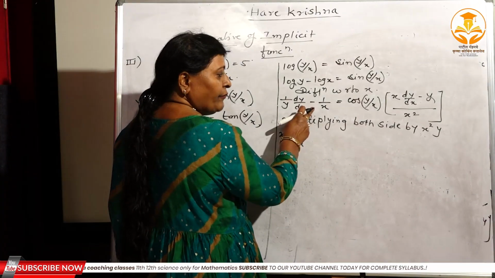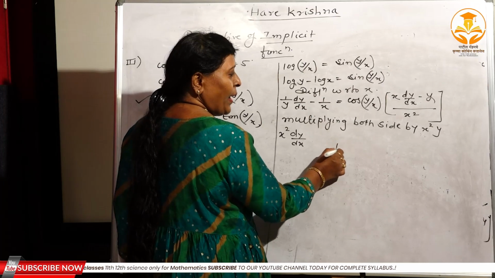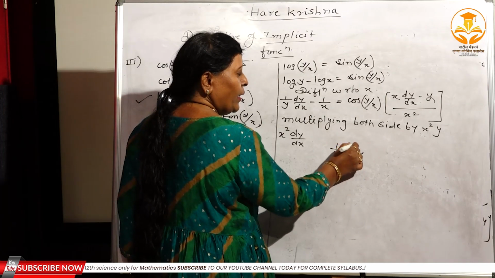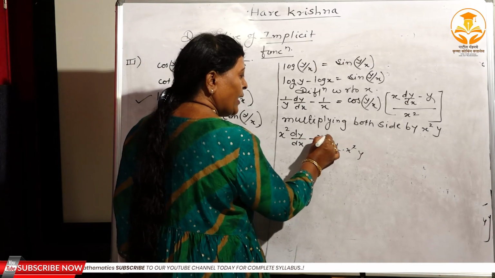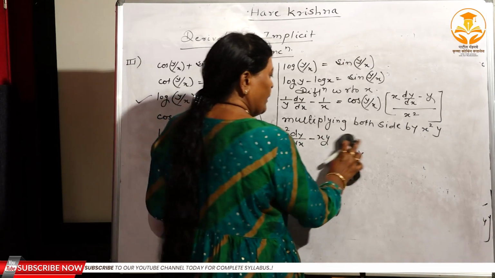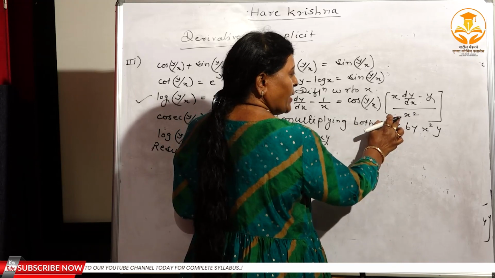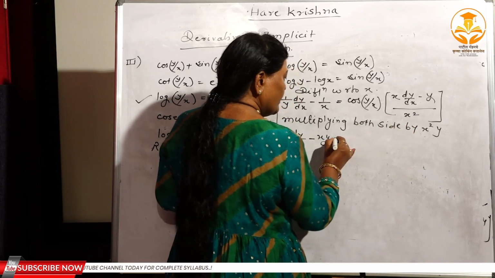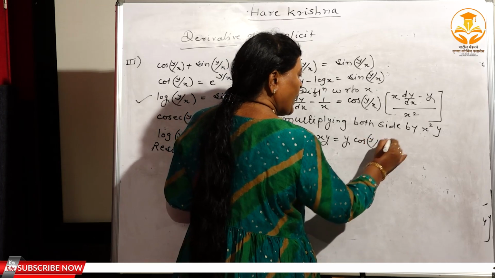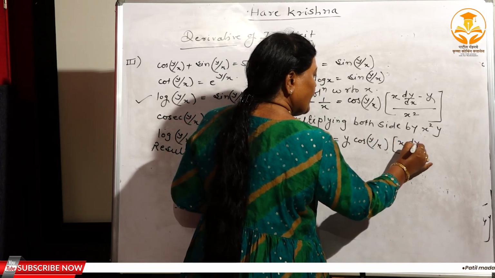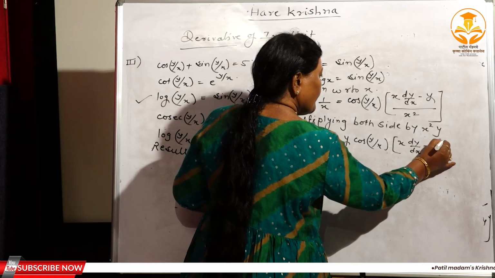Right? Now, when you multiply here, that is 1 by x into x square y, again x gets cancelled. What remains? x, and that is by xy. Right? Here again, x square gets cancelled, but what remains? y. Therefore, you can write y cos y by x, bracket again, x dy by dx minus y.